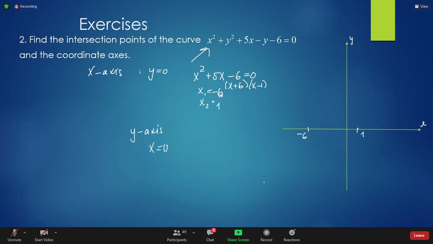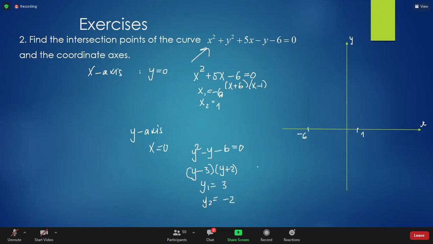If we want to factorize, now the factorization would be y minus 3 times y plus 2 is 0. So the values are 3 and minus 2. Not zeros, but the values, the y-intercepts. So it would be 3 and it would be minus 2.